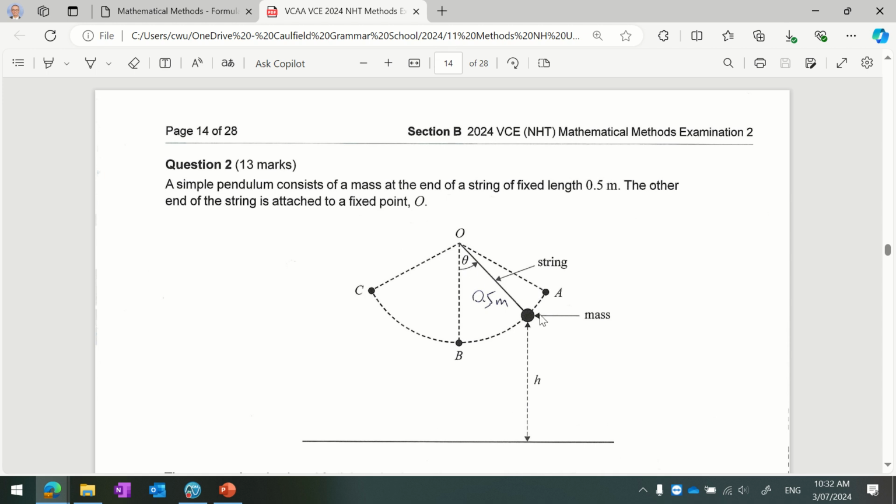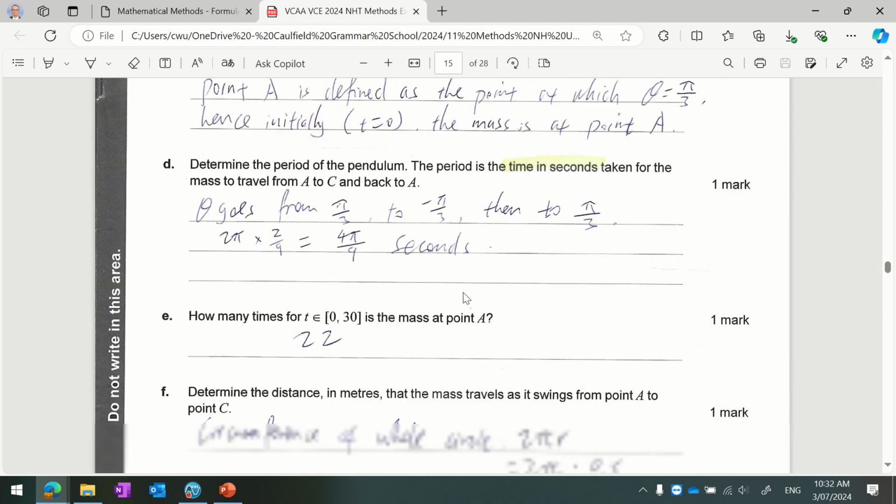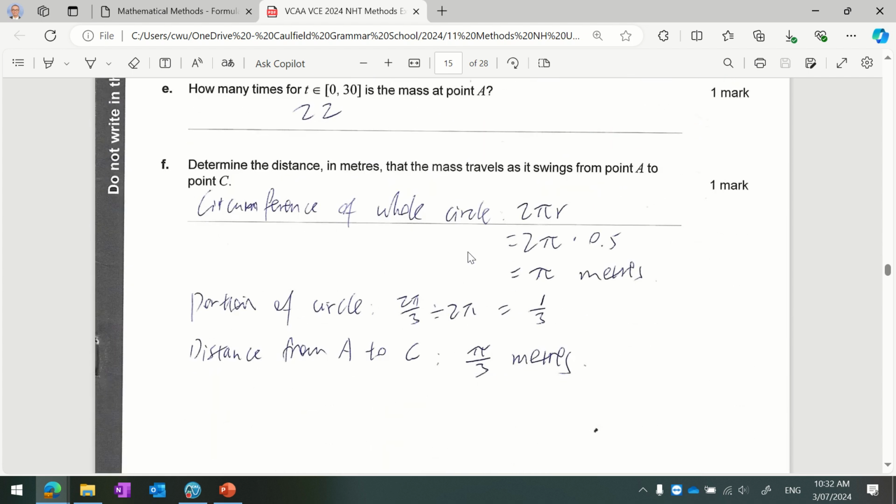So the string is a radius, and we're drawing a circle, but not a full circle, a portion of the circle. So let's do it.